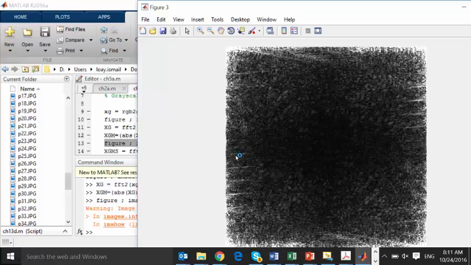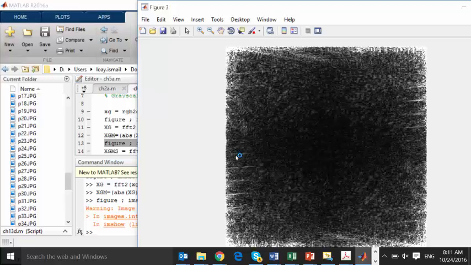In order to make things easier to understand and perceive, we have a function called fftshift, which divides the figure into four quarters, and these quarters are swapped together.